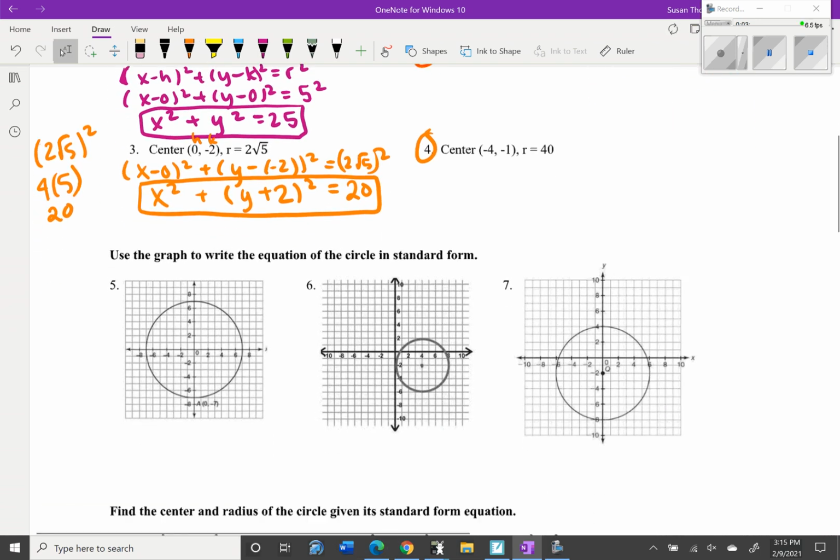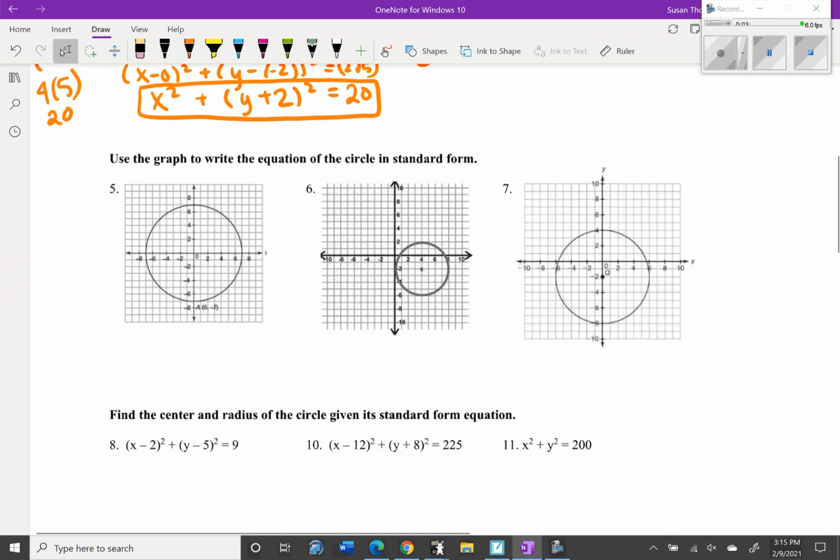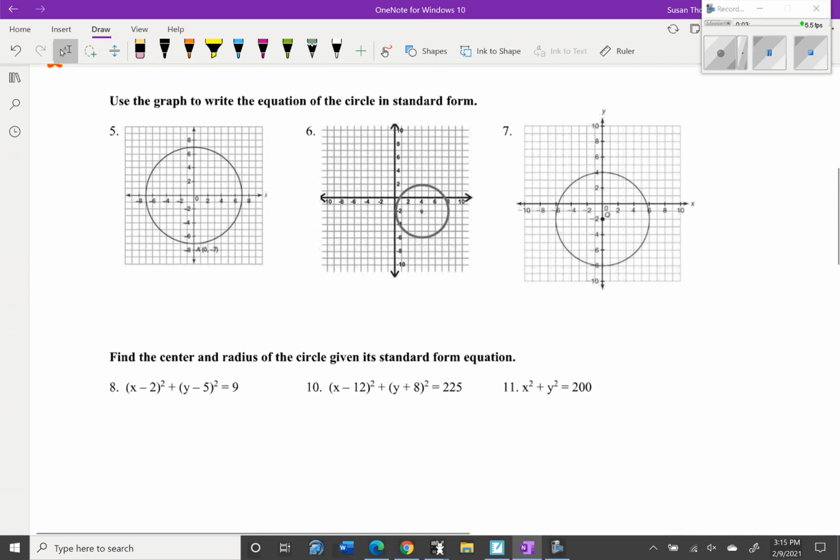For question number 5, it says use the graph to write the equation of the circle in standard form. So to write the circle in standard form, remember that means we need to figure out what's the center and what is the radius. So that's the first thing we're going to look for, is the center. To find the center, it helps to look at the diameter.